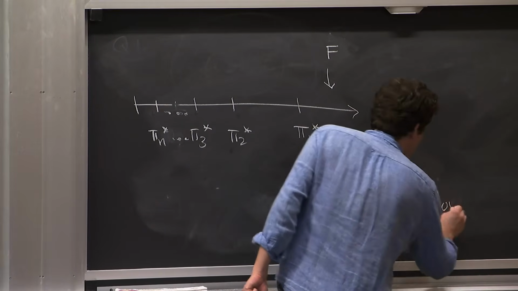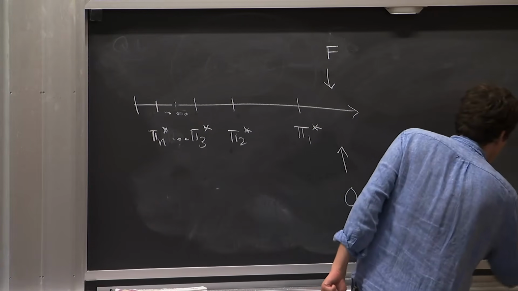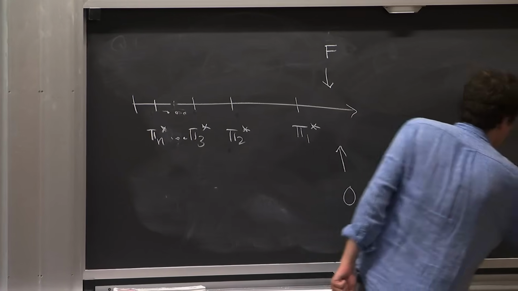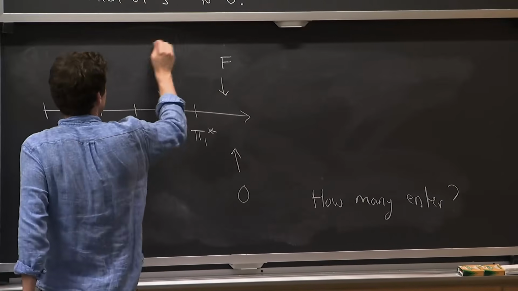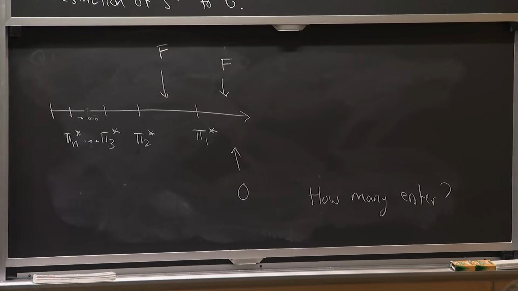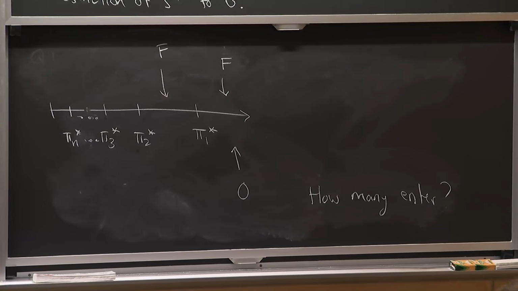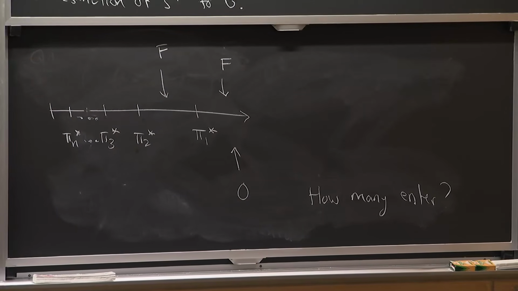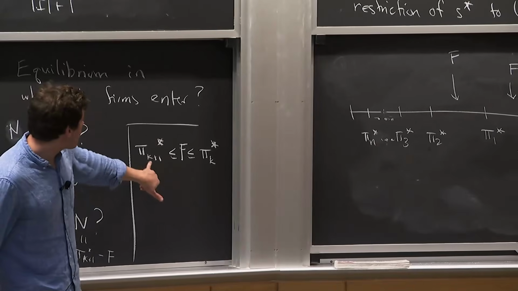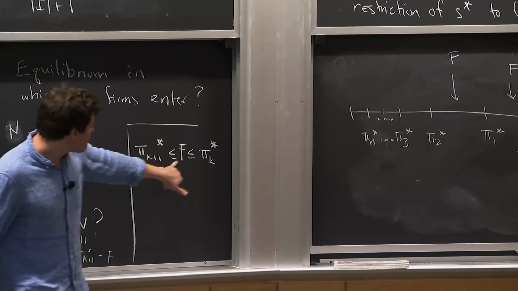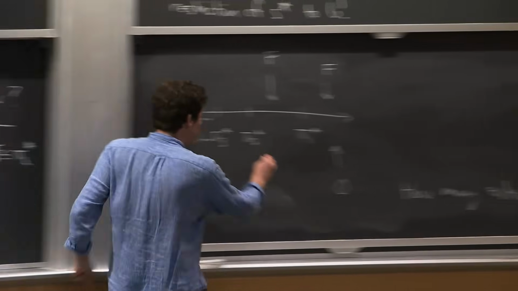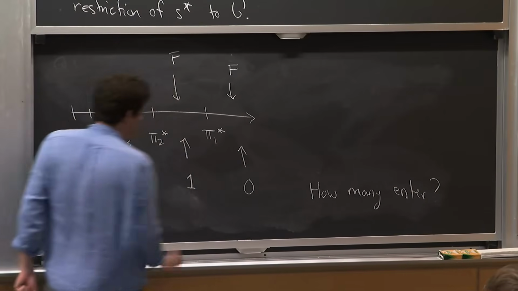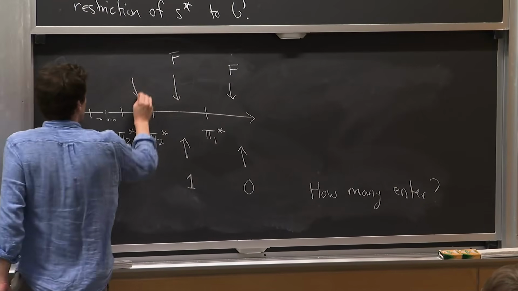So here I want to keep track of how many enter. What if the cost is here? Now, how many are going to enter? 1, right? This satisfies my equation here with k equals 1. There's an equilibrium with 1 firm entering. If f is between pi 2 star and pi 1, that's exactly my formula here. So we get that 1 enters. And now we can keep going.